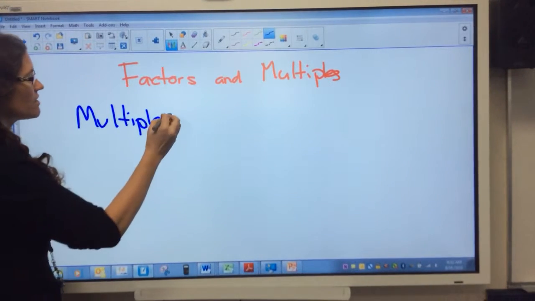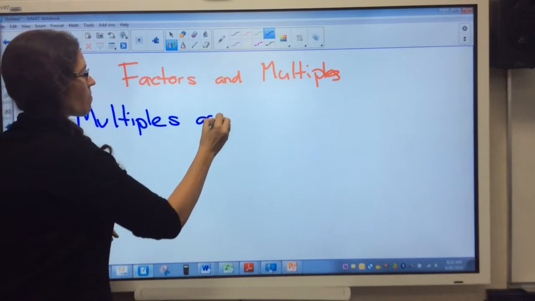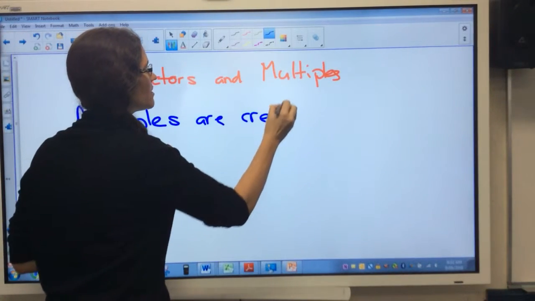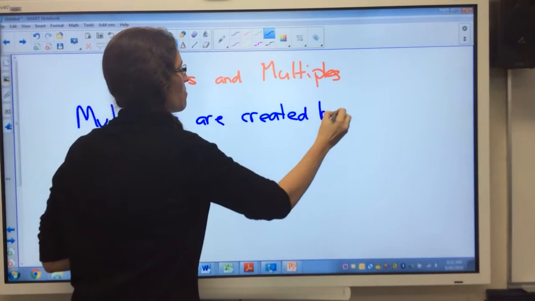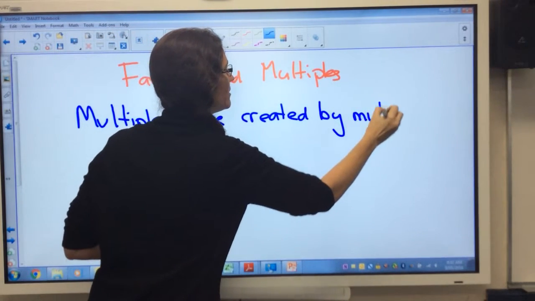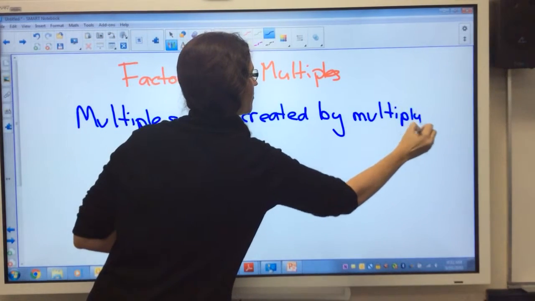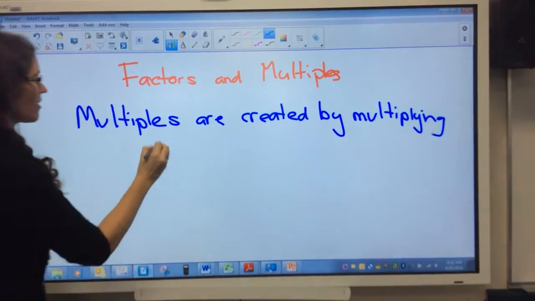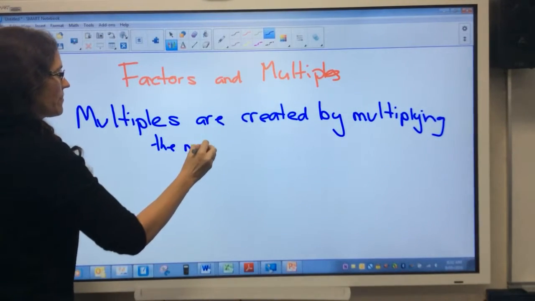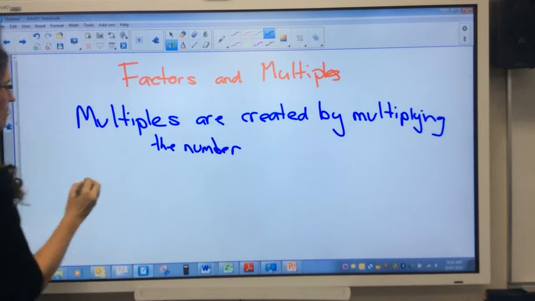So we're going to write that. Multiples are created by multiplying the number. And we're going to write our example.